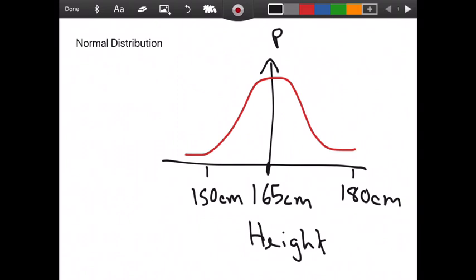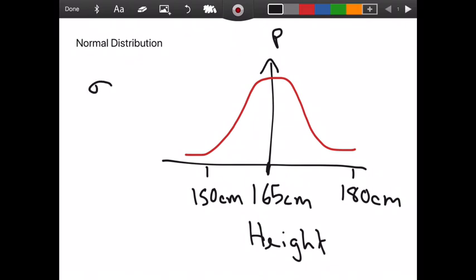We also need to think about the standard deviation. So we know the mean is going to be this point in the middle, well, the standard deviation is going to tell us about roughly how many people are different distances away.